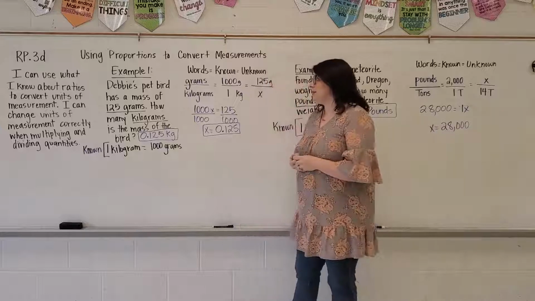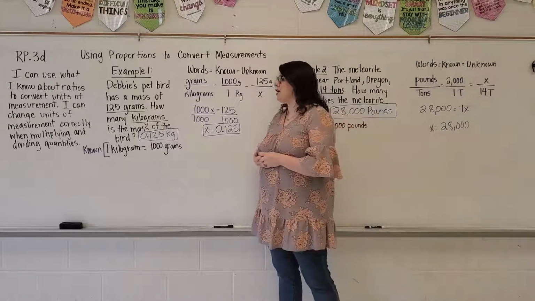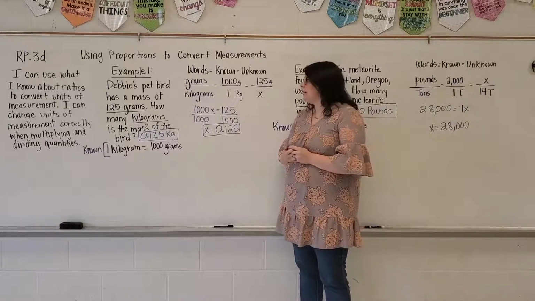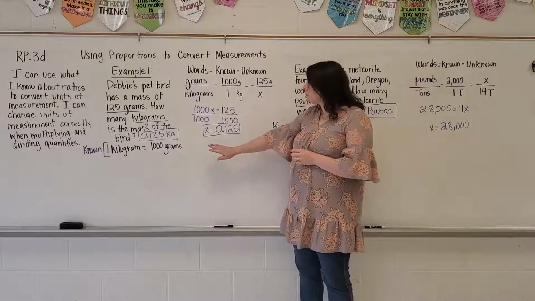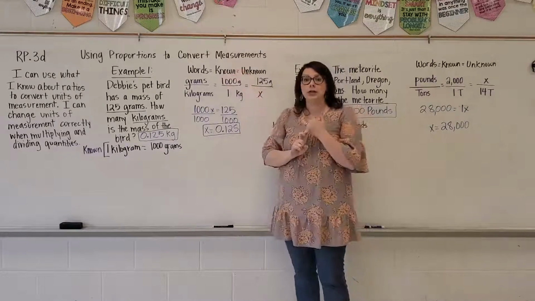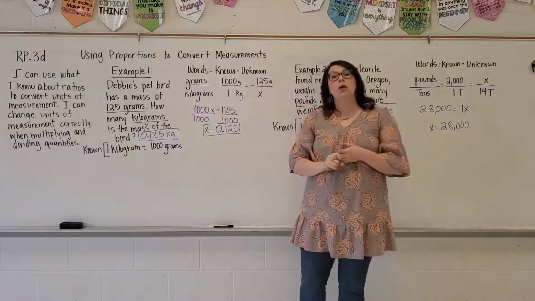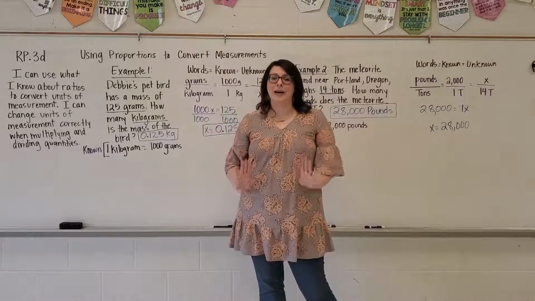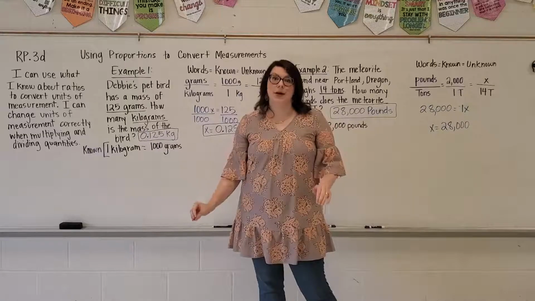In example 1, it says Debbie's pet bird has a mass of 125 grams. How many kilograms is the mass of the bird? Now, this is what we know, and we're going to use the words known, unknown. Remember, anytime you're setting up a ratio or a proportion, the order matters so much.